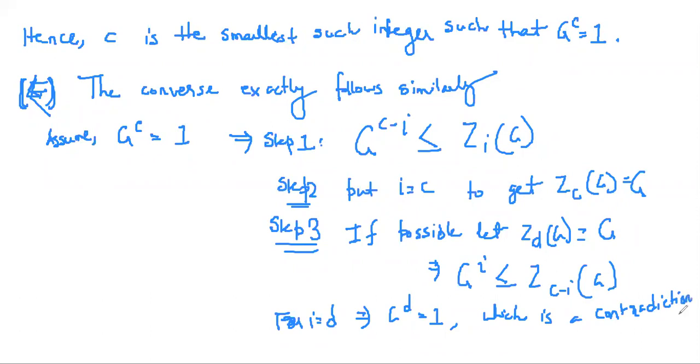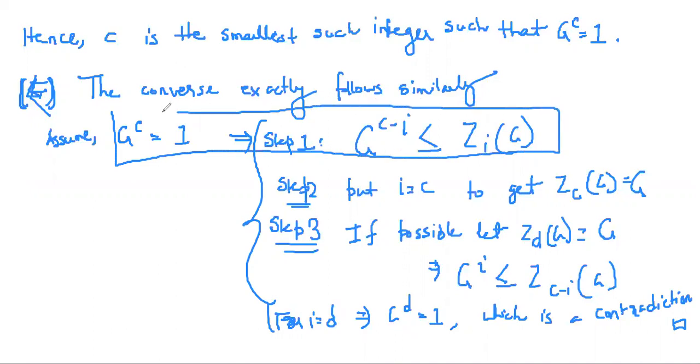So I leave these to the audience to figure out, to write down the details, but almost everything is there. The only part which we haven't proved should follow exactly. If you follow the proof of the previous part, it should be clear.